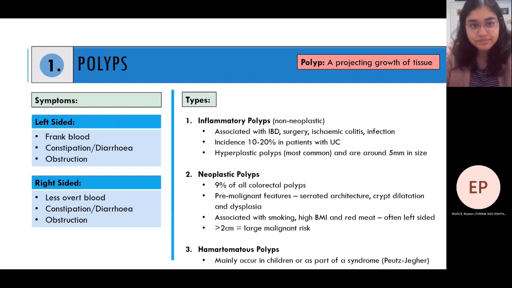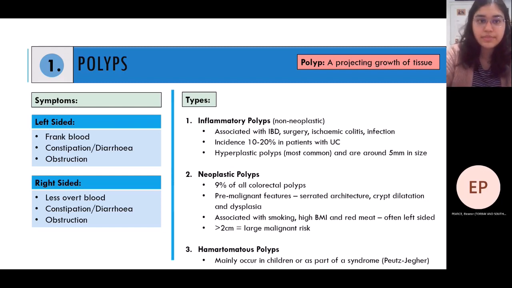Neoplastic polyps often occur in the elderly population, and they're often associated with smoking, a high BMI and red meat. That's how the elderly population often develop colorectal cancer. They're not associated with any familial syndrome, so it's quite rare for a 20-year-old to have neoplastic polyps.